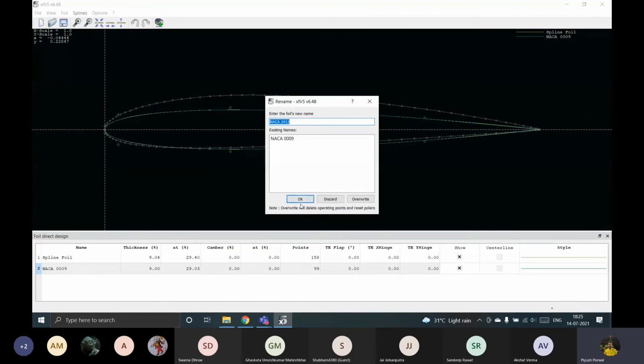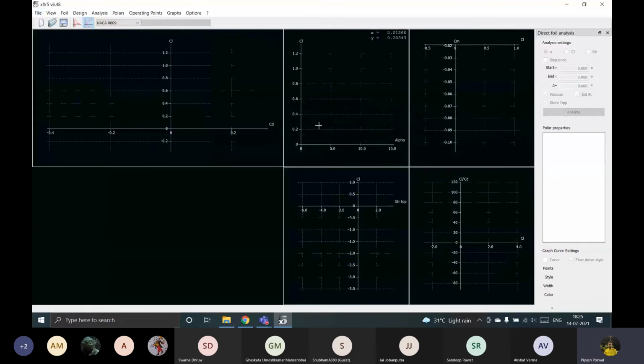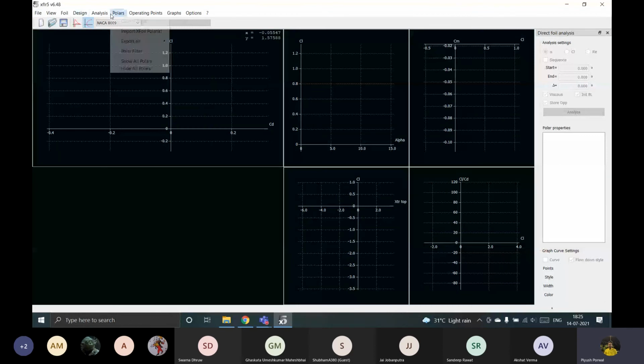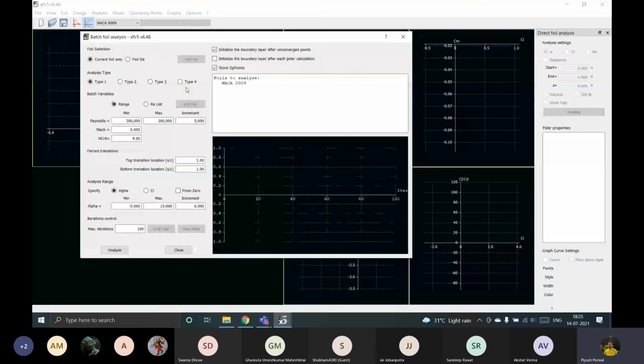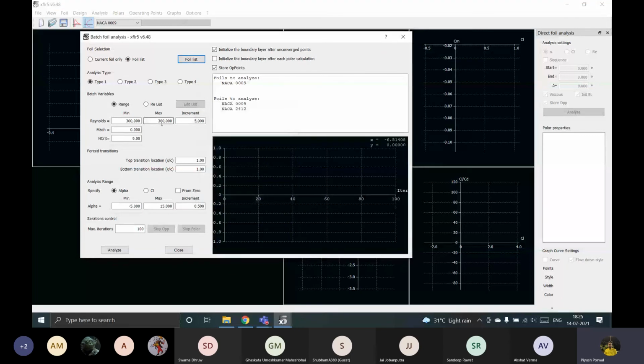You have to first define the airfoil, then perform the airfoil analysis, and only then can you design the plane. You can perform the batch analysis, you know how to do it. I will directly do it first. So there is some range.